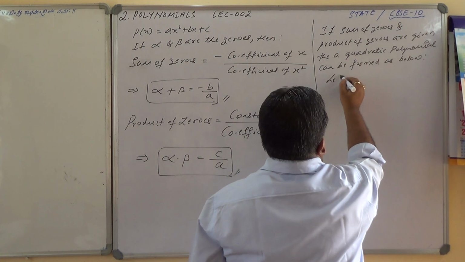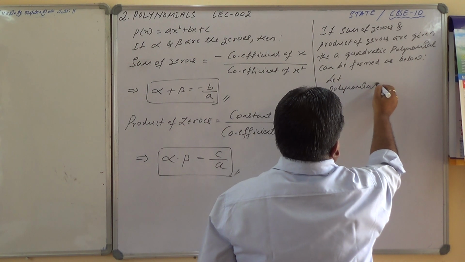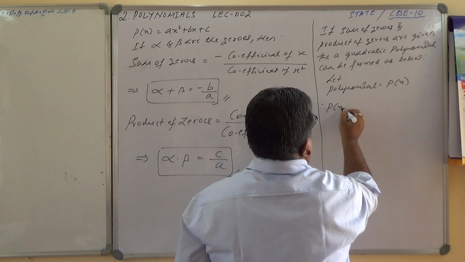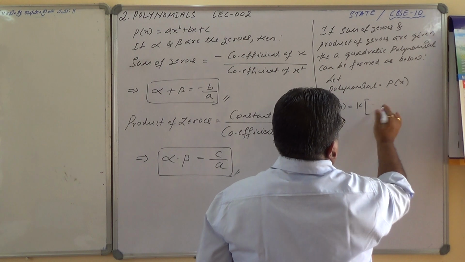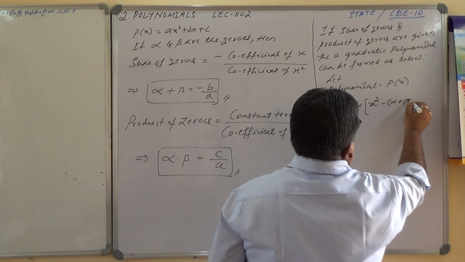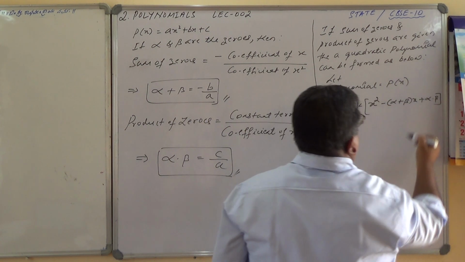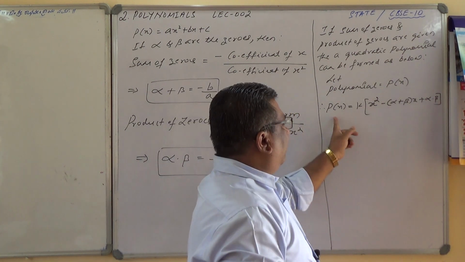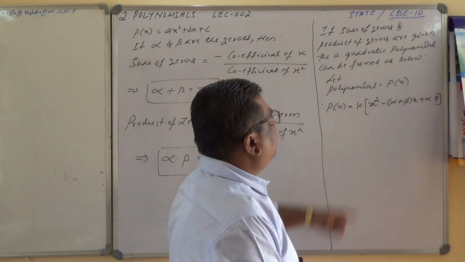Let the polynomial be p of x. Therefore, p of x equals k times into bracket x square minus alpha plus beta times x plus alpha into beta. So this is how we can form it. If you know the sum of zeros and product of zeros, you can form the quadratic polynomial by considering a non-zero constant here. K is a non-zero constant.